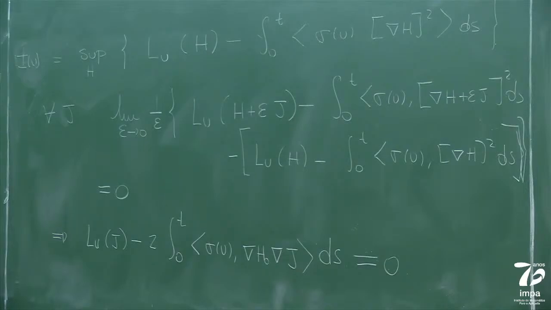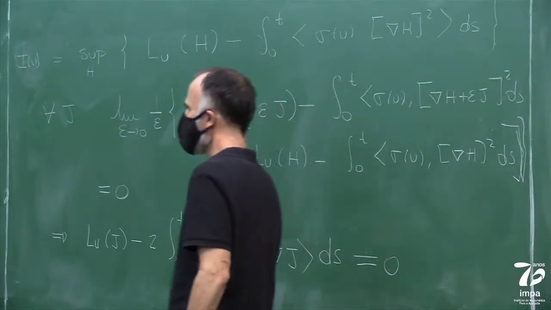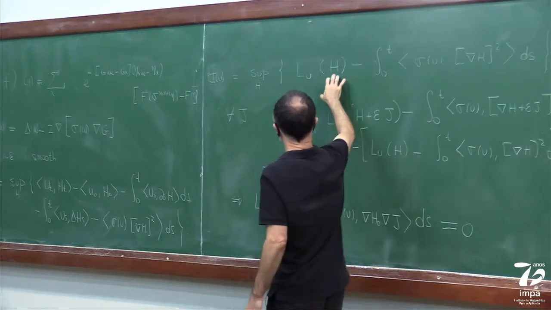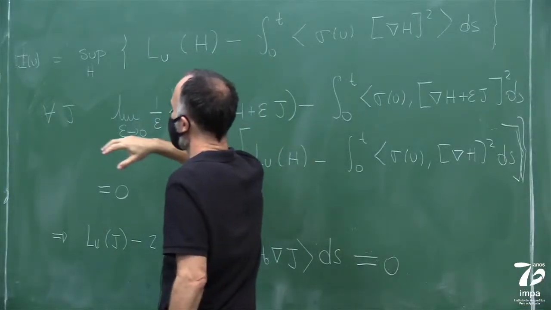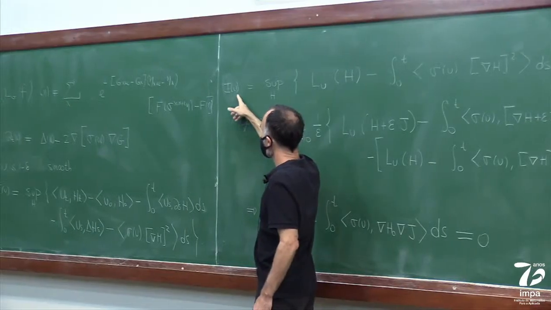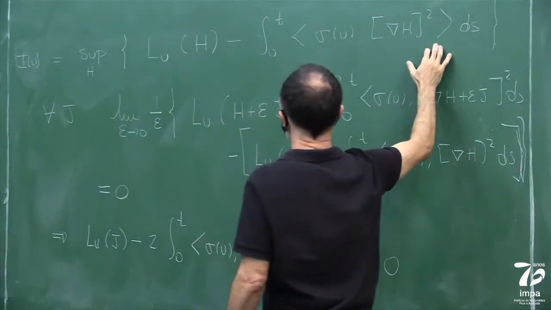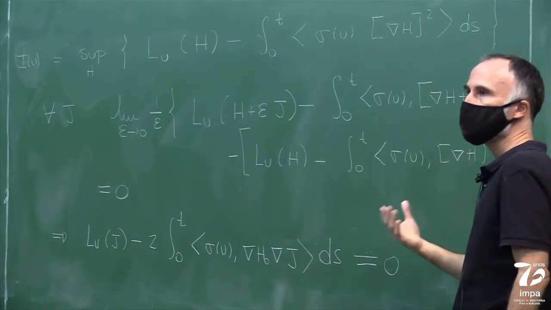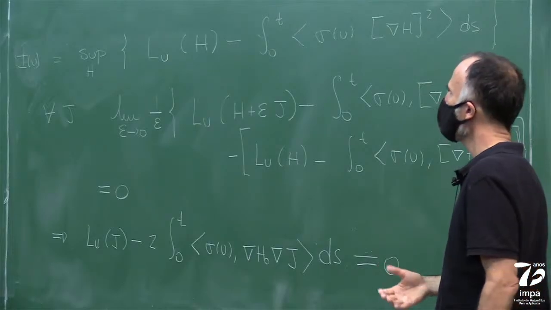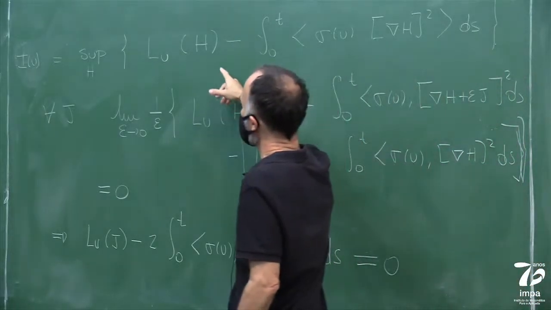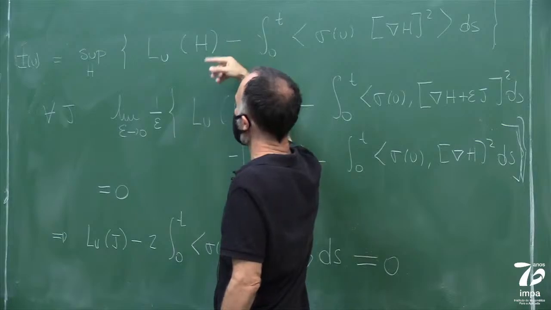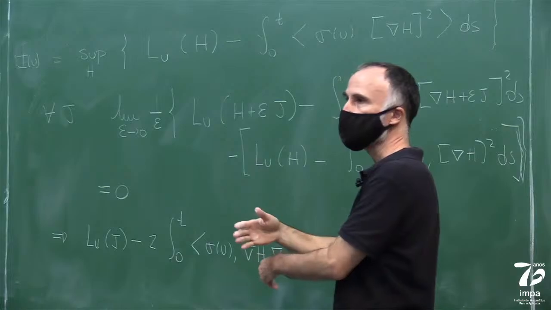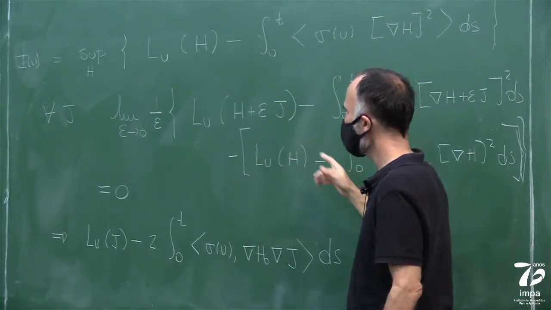Okay, so let me go back to what we were doing. I have this formula for I. So I introduced this linear functional. With this linear function, I can write my rate function in terms of this simpler variational problem. And I was looking for an equation for h. So I said, well, if h maximizes this variational problem, it means that if I take the partial derivatives in all directions, it's 0.